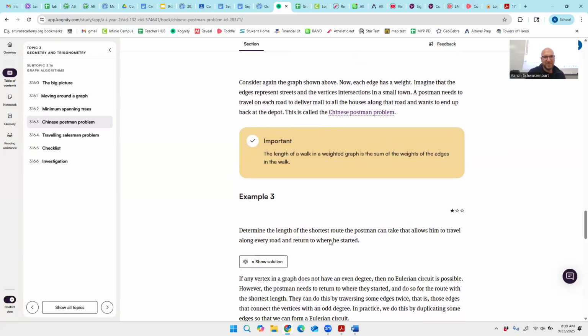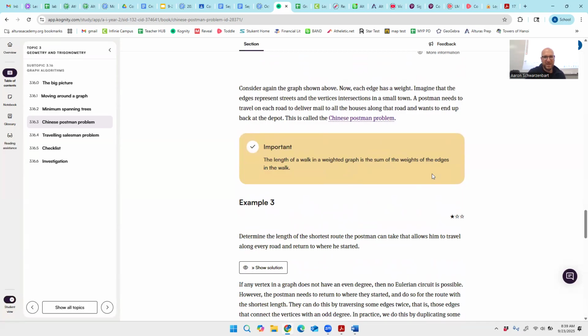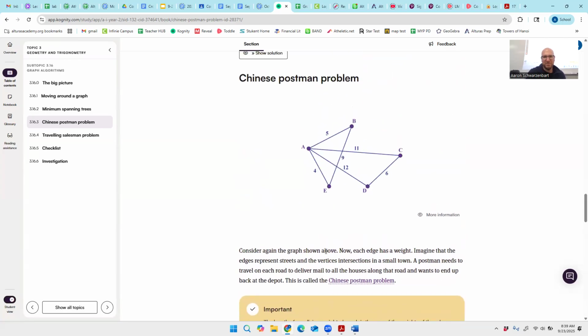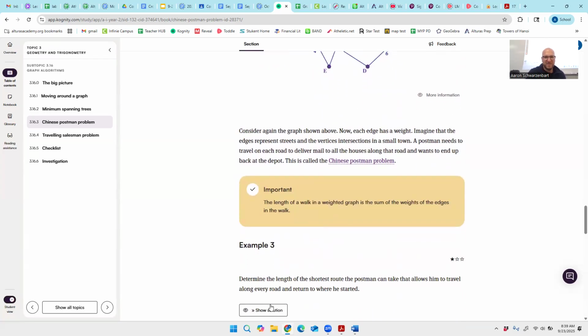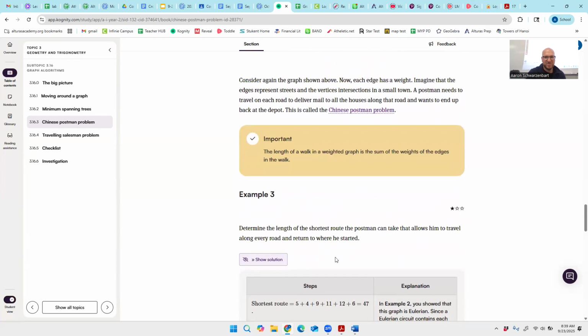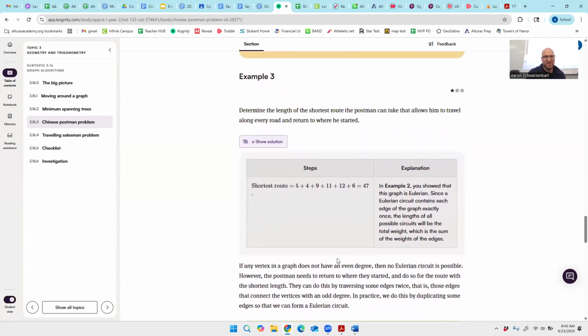So on this one, the length of a walk on the weighted graph is the sum of the weighted edges. That makes sense, right? We just add up all these. It says, determine the length of the shortest route the postman can travel. Really easy, just add them all up.